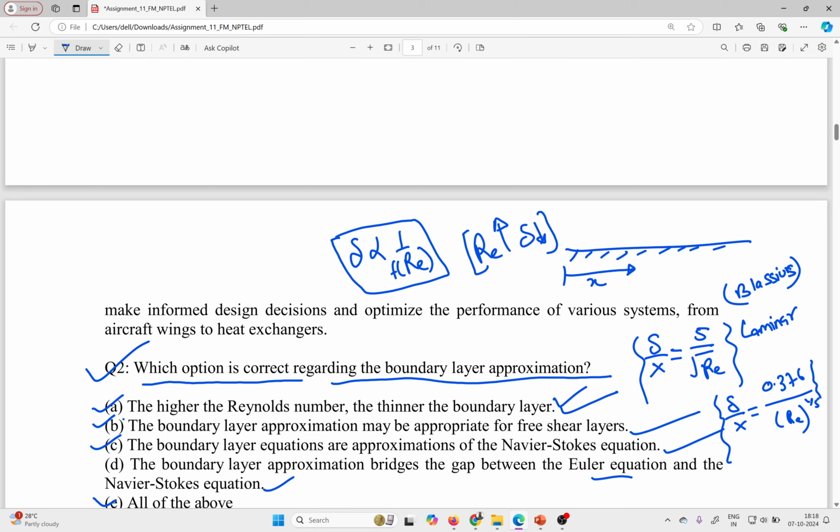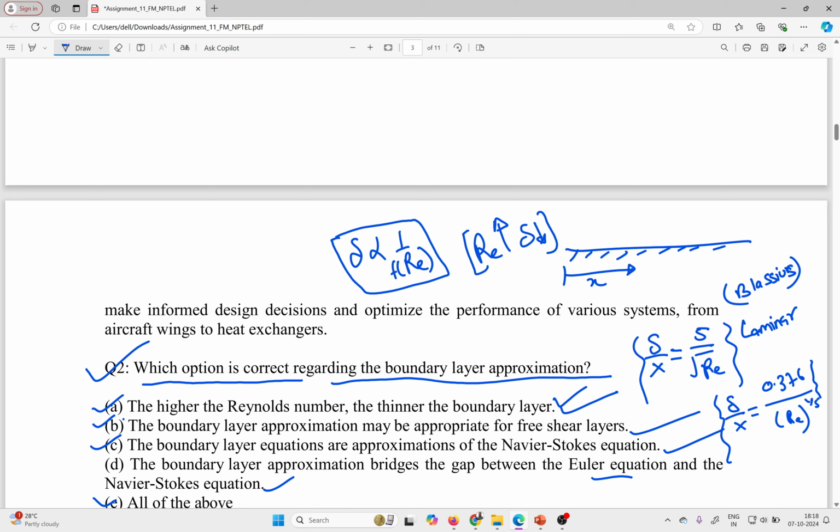Here I have just shown you: boundary layer approximation may be appropriate for free shear layers. Here is the meaning.